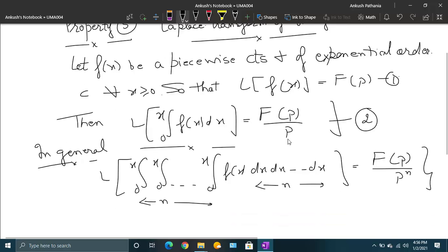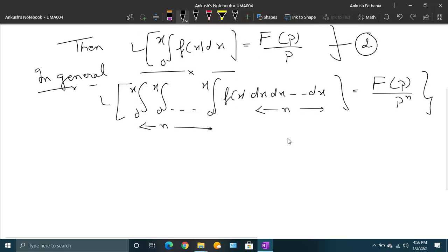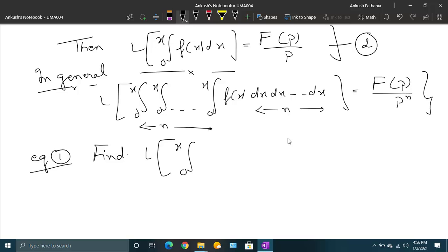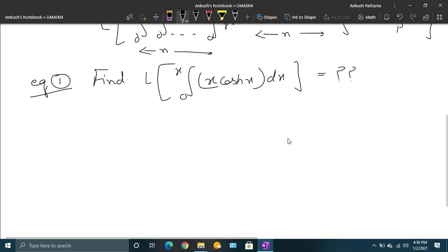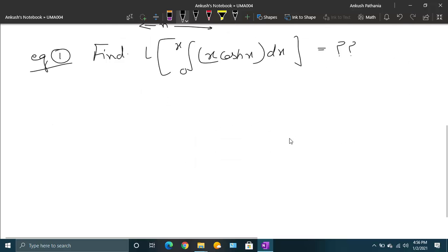Now see how we can use this property number 5 to solve problems of Laplace transform. Let me consider the first problem. Find the Laplace of the integral from 0 to x of x cos hyperbolic x dx. Since there is integration from 0 to x, property number 5 is going to be used.